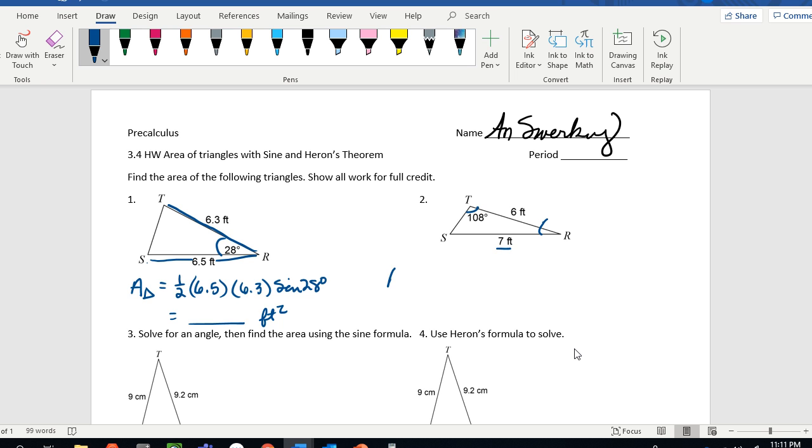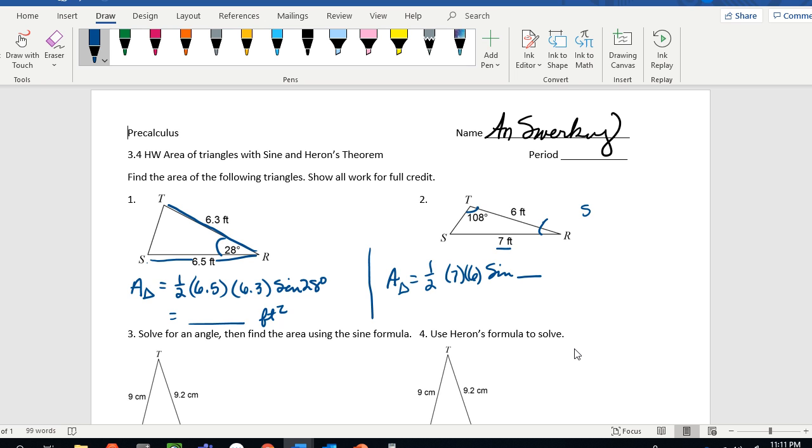Because technically what I have is the area of the triangle equals 1/2 times 7 times 6 times sine of, can't do it. I have to have R.